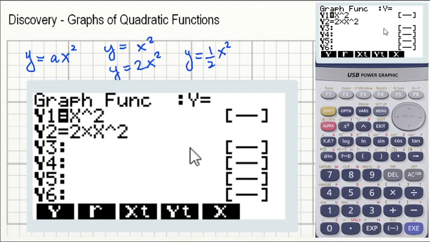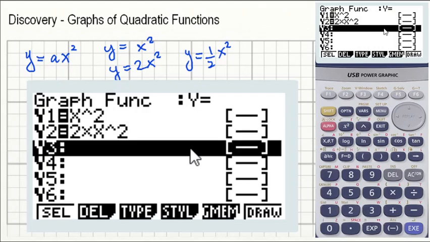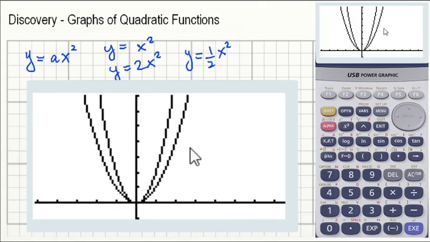I'll just put this one just to make sure. So 2x squared, and let's draw them. So the vertex is at the same position, which matches what I just told you and what we realized from the results from the third part, the last one that we just saw, when we translated our function by h and k.